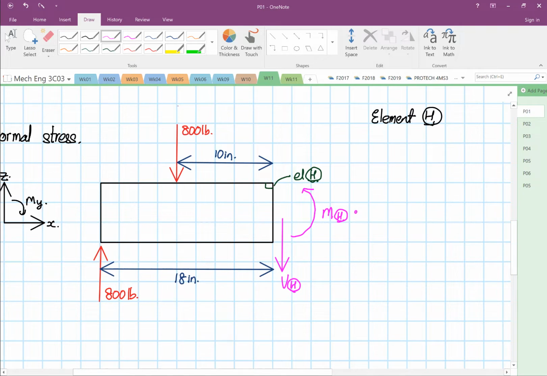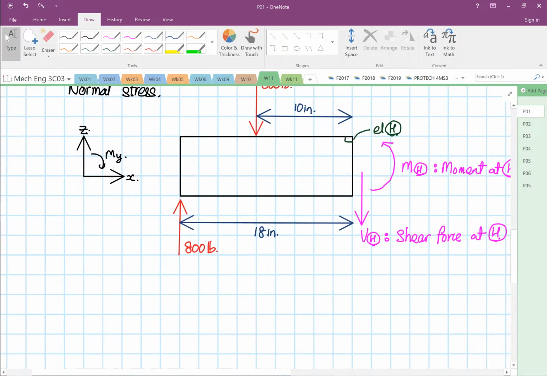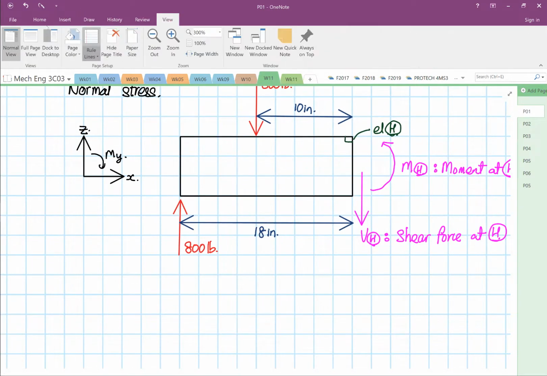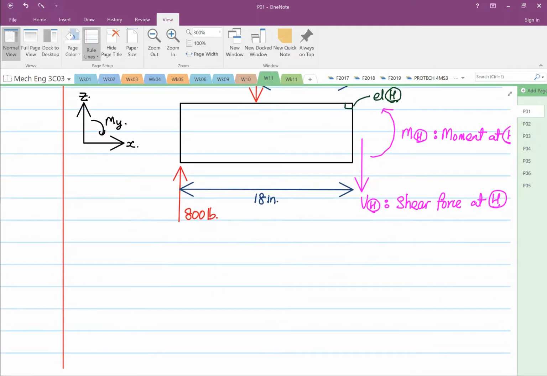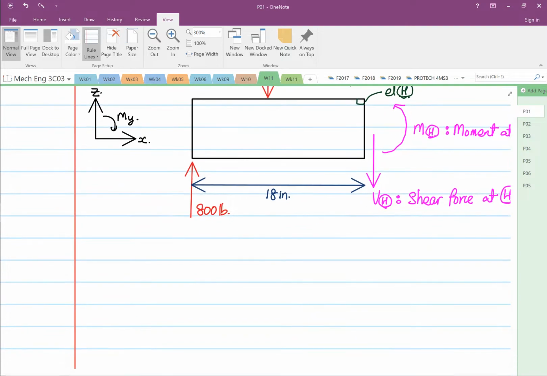So M over here corresponds to our moment at point H, and over here you have shear force at point H. Okay, so from here we're going to calculate our bending stress.